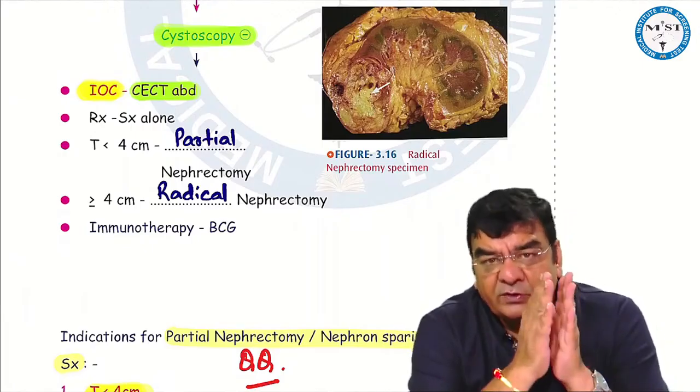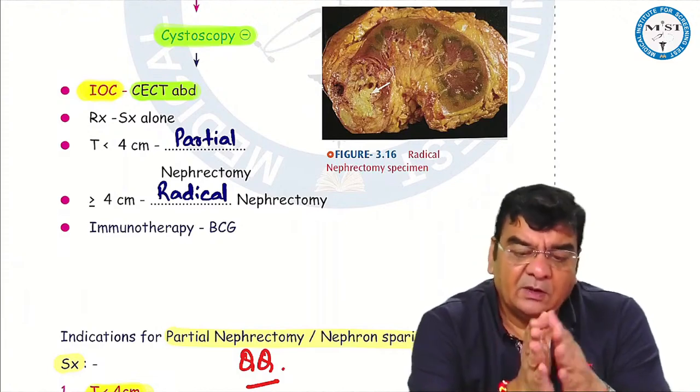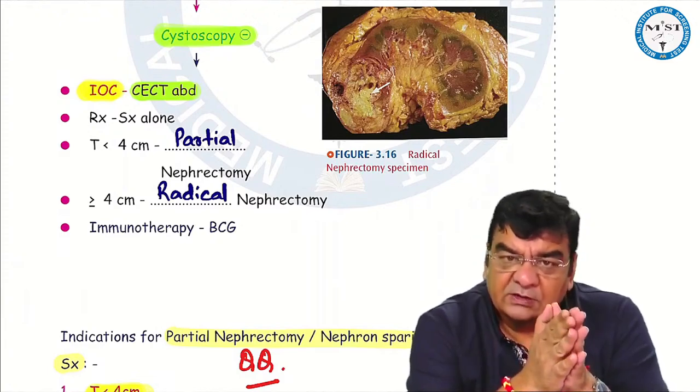Now, whether we should do a partial nephrectomy or a radical nephrectomy. Partial nephrectomy is the nephron sparing surgery.